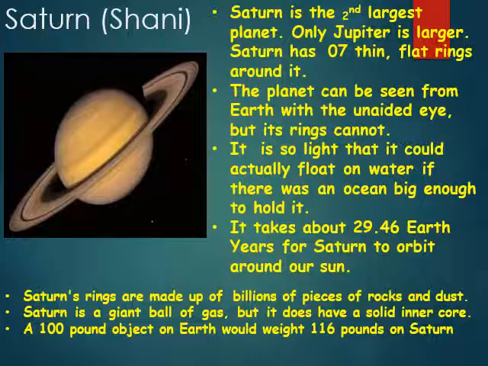It takes about 29.46 Earth years for Saturn to orbit around our Sun. Saturn's rings are made up of billions of pieces of rocks and dust. Saturn is a giant ball of gas, but it does not have a solid inner core. A 100-pound object on Earth would weigh 116 pounds on Saturn.